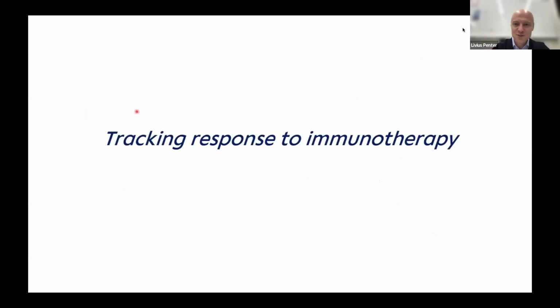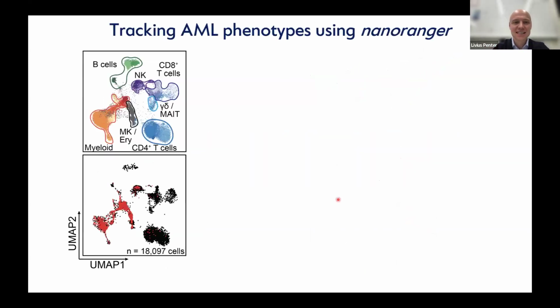So let's try to track responses to immunotherapy. Let's go back to the clinical trial that I introduced you to in the beginning. This is the UMAP I already showed you of the single cell data that I previously analyzed. And now at the bottom, you can see the same UMAP, and you can see the cells that have a mutation.